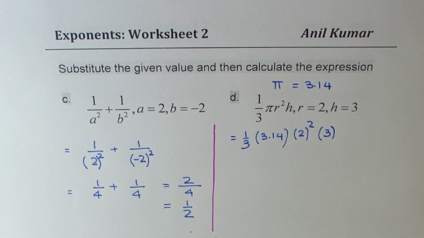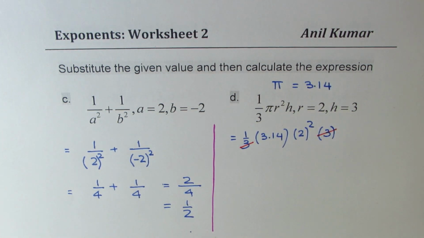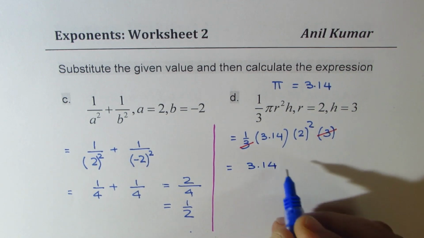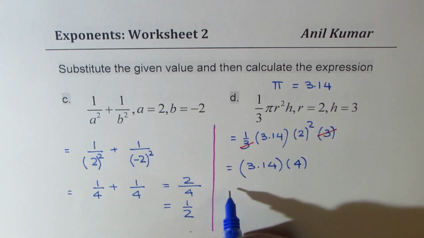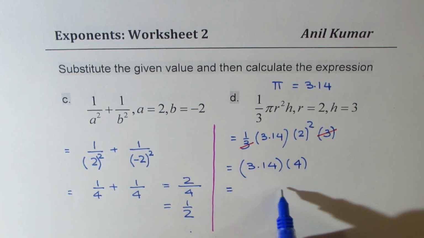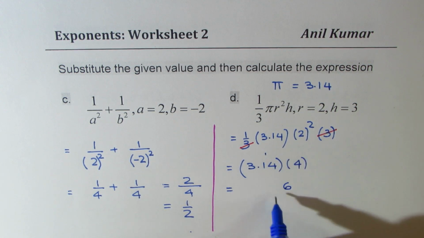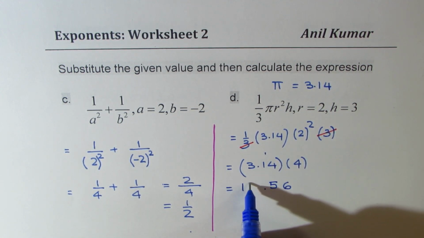Now to calculate, we can simplify it first. 3 divided by 3 is 1, right? So just cancel them. What you get here is 3.14 times 2 squared, which is 4. So multiply this by 4. 4 times 4 is 16, write 6, carry 1. 4 times 1 is 4, plus 1, 5, decimal. 4 times 3 is 12.